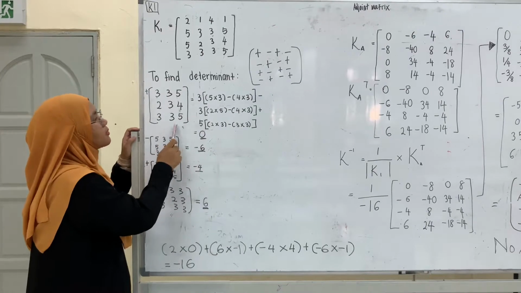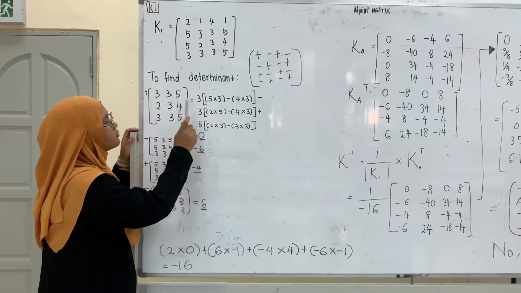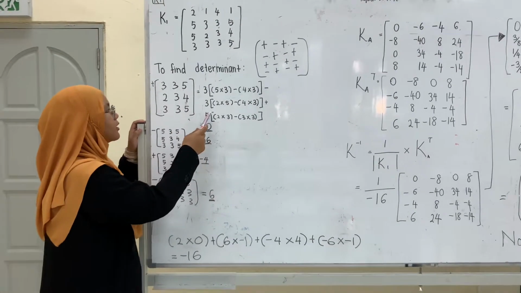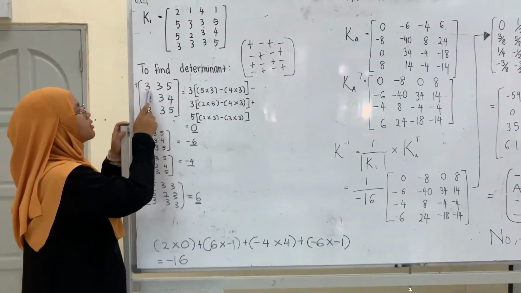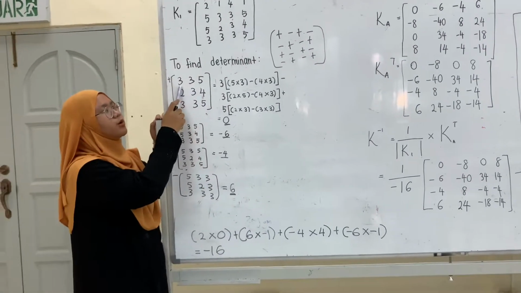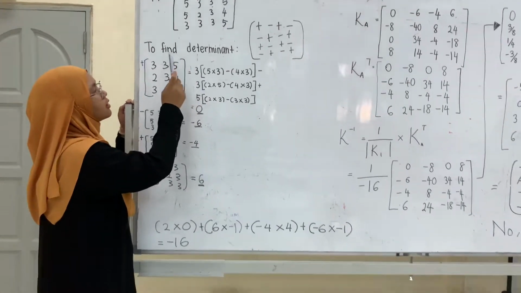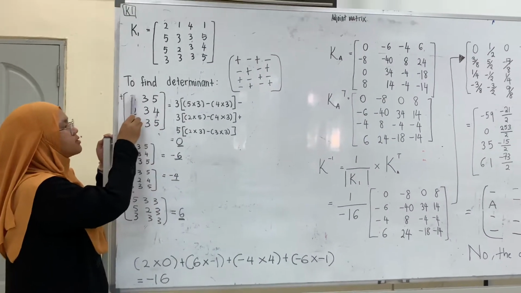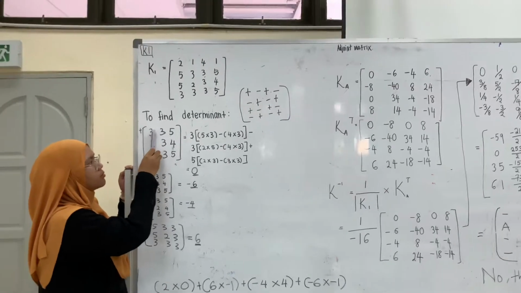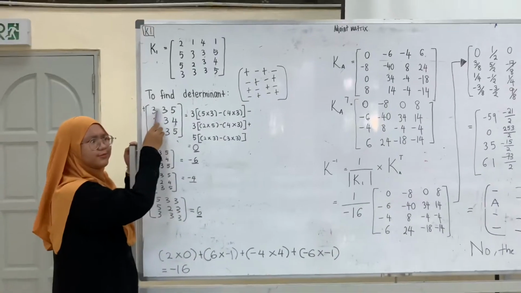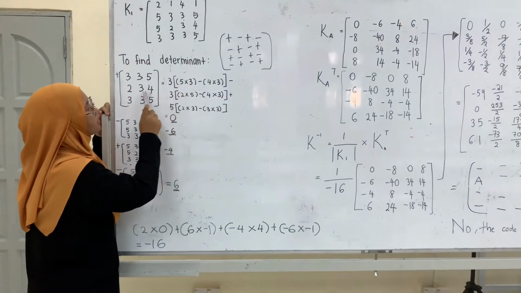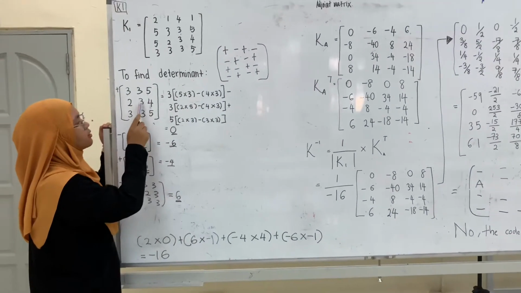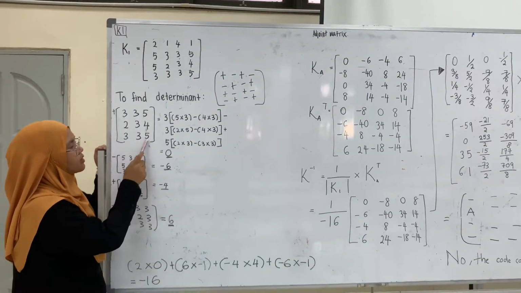Use this. And then to find the cofactors, we take the first number, which is C11 here, and then we close the first row and the first column, and then we will see only 3, 4, 3, 5.